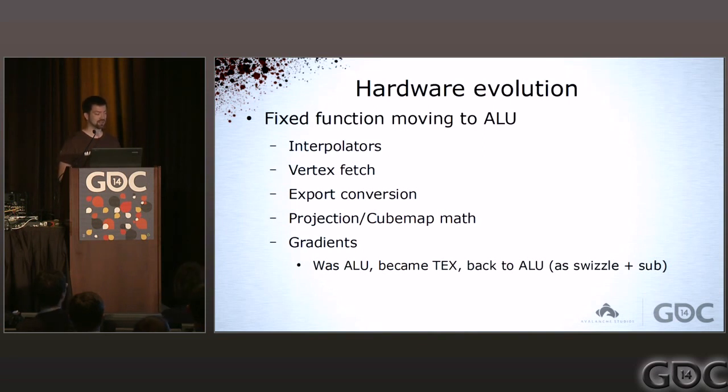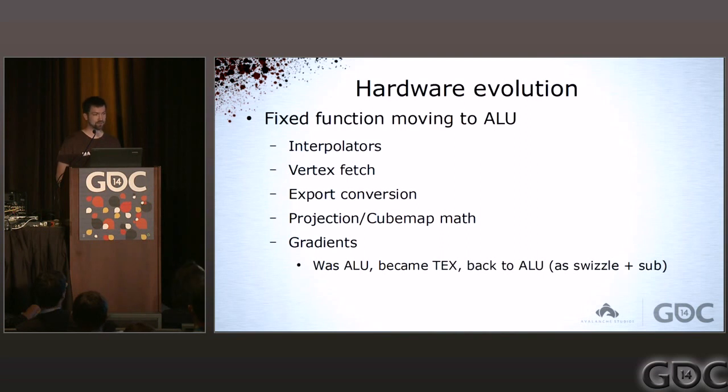But nowadays, it's handled by the ALUs. Vertex fetch hasn't really had fixed function hardware for a very long time, actually. Even the Xbox 360 had that baked into the vertex shader. So things like vertex declarations aren't a hardware object in any sense.